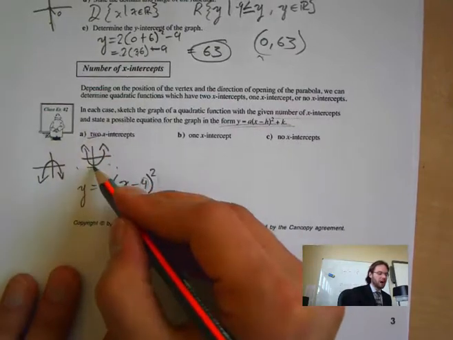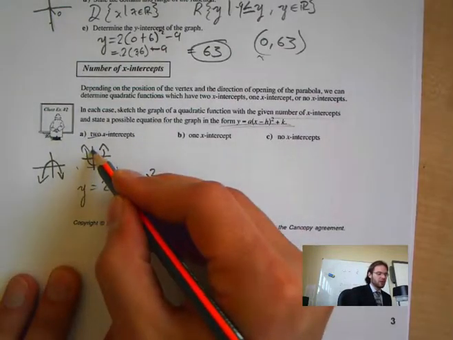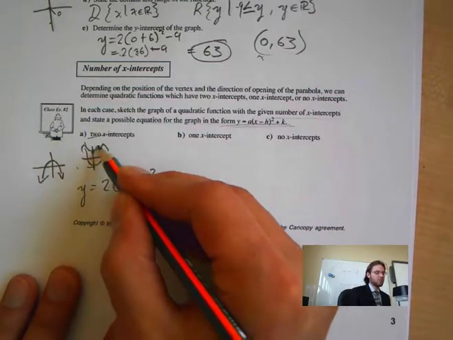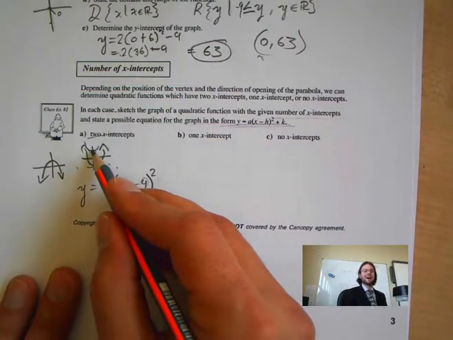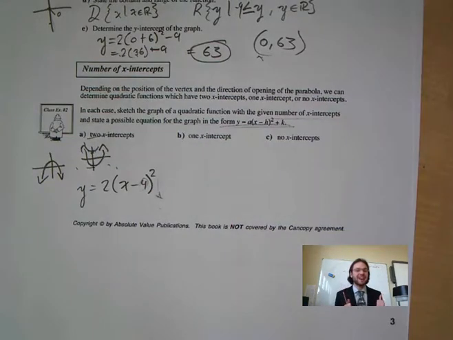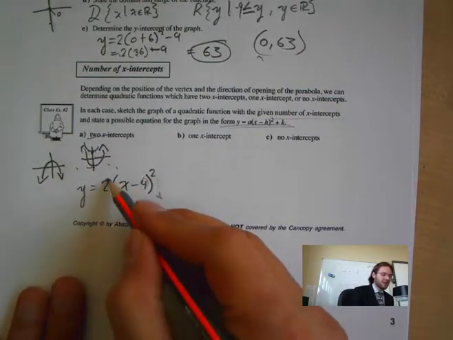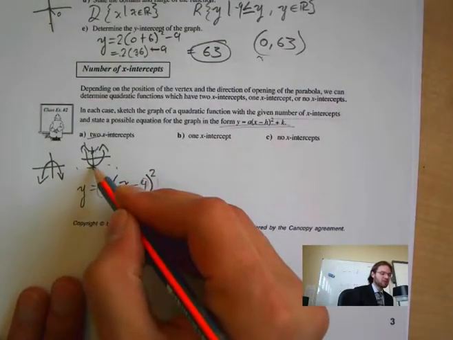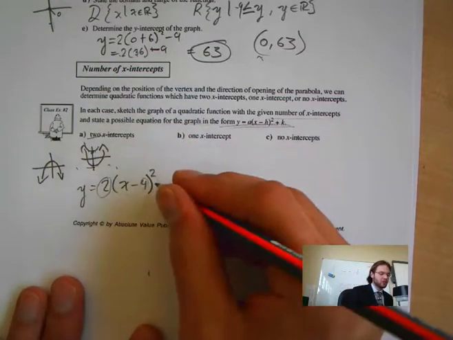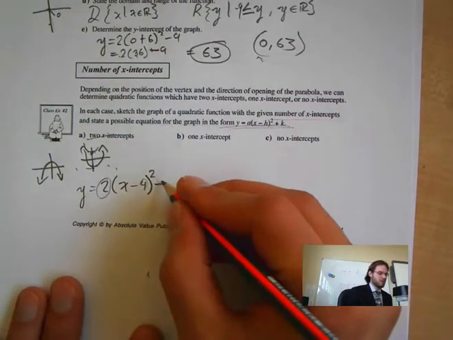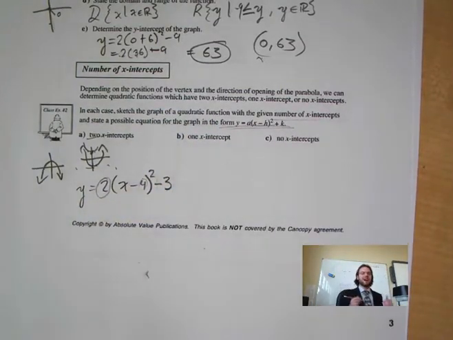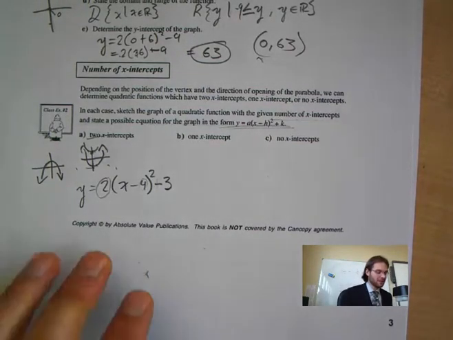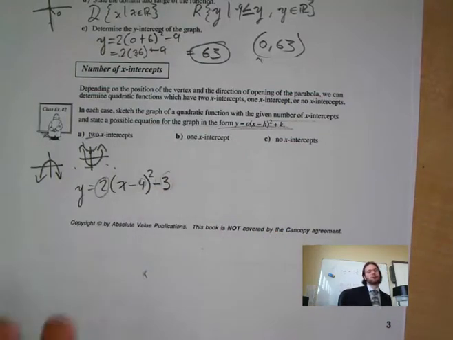If we're smiling up and positive, and my vertex is above the x-axis, will it ever intersect? No. So if a is positive, my vertex must be below the x-axis. So I'm going to have minus 3, let's say. I just want a negative vertex. In this case, we want a negative minimum. Then we have 2 x-intercepts.